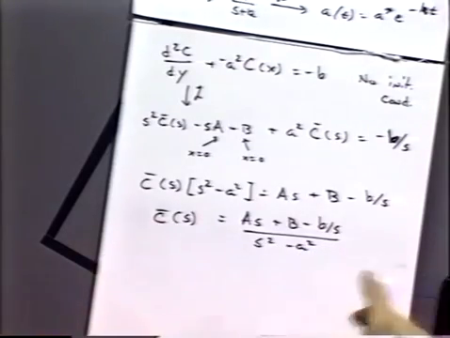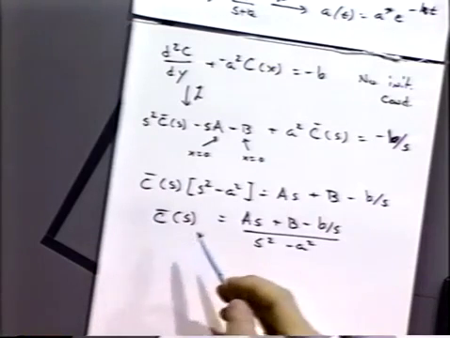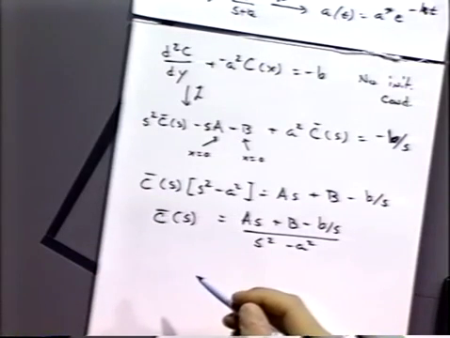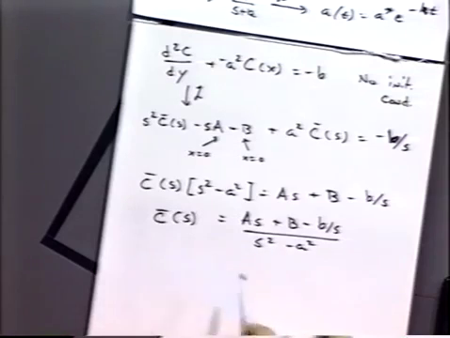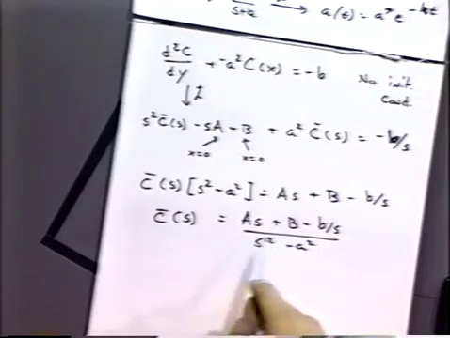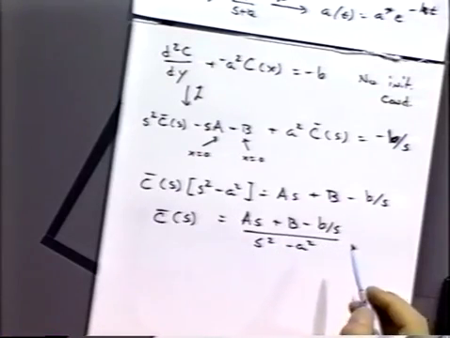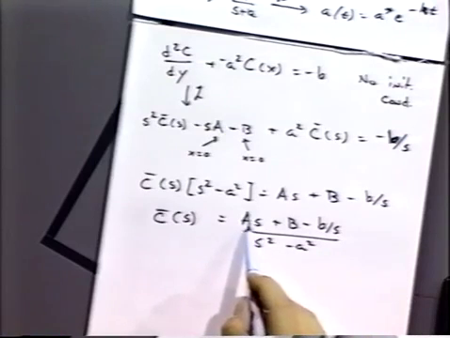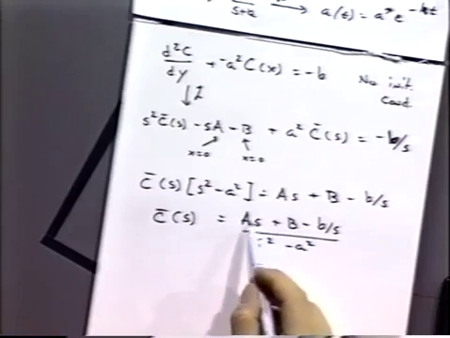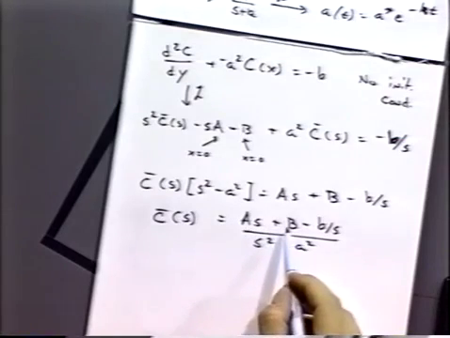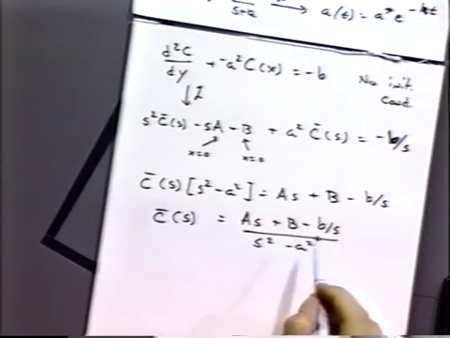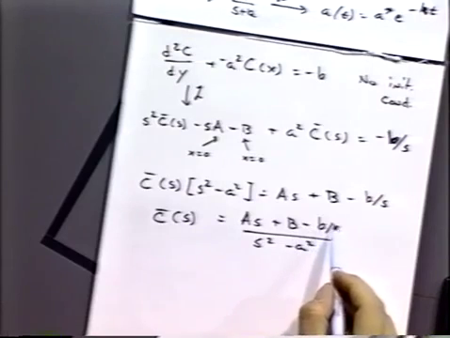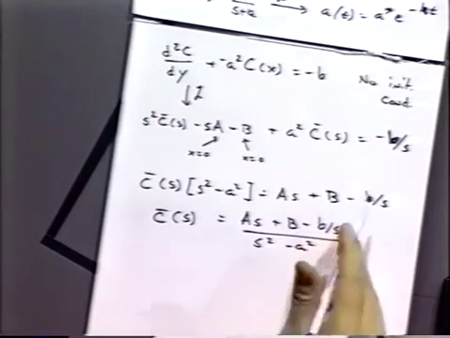So this is the Laplace form of the concentration, say, with respect to x in the Laplace space, and that would be this particular form of the equation, the concentration of A at x equals 0, concentration of B at x equals 0, minus B over S is that.